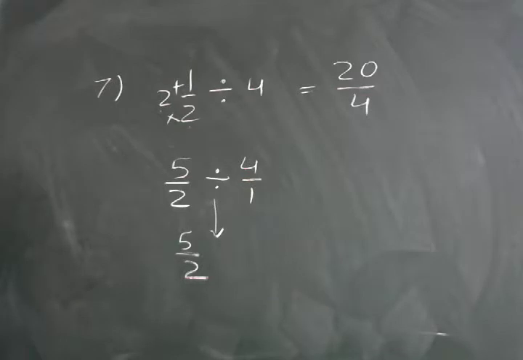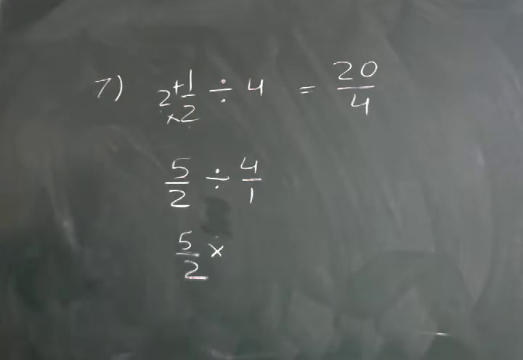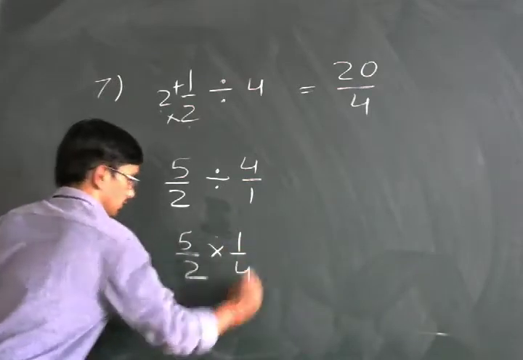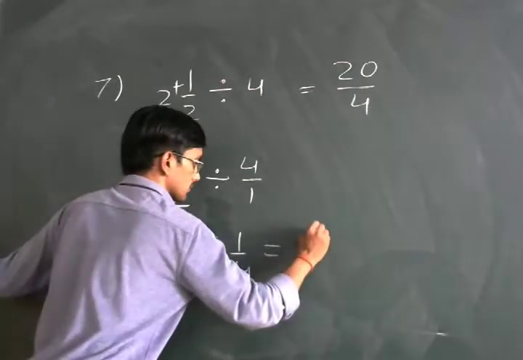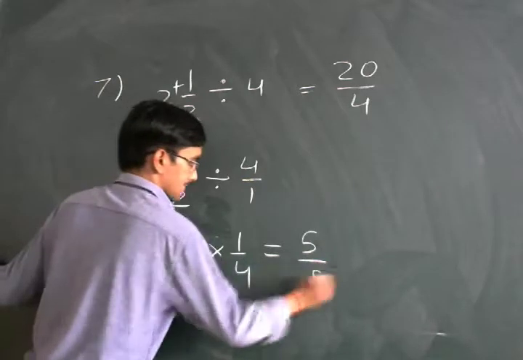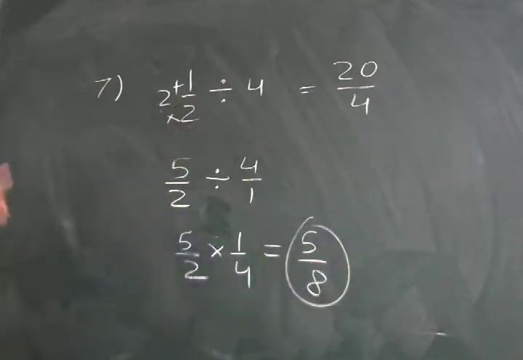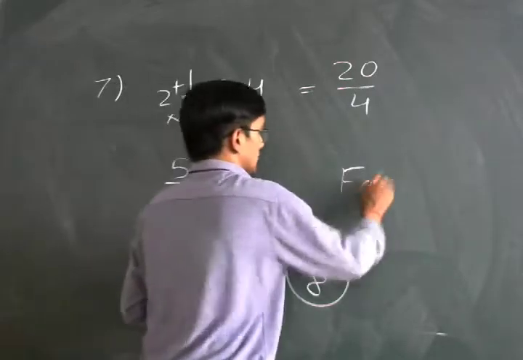Sir, multiply. Okay. Next. Reciprocal, sir. Okay, 4 by 1 becomes 1 by 4. So the answer is 5 by 8. 5 by 8 is the answer.